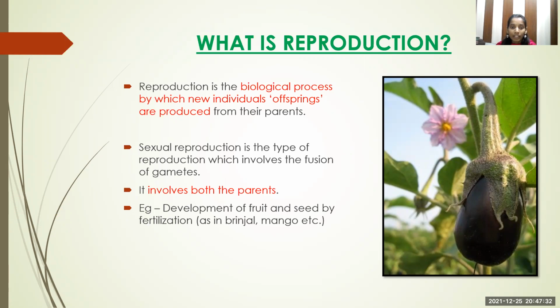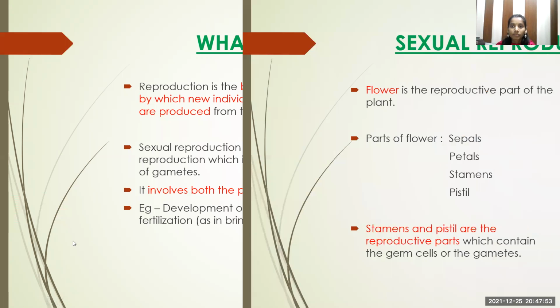As male and female gametes both are required for fusion, it means sexual reproduction involves both the parents. This is a very important point. Example, development of fruit and seed by fertilization, as in brinjal, mango, etc.